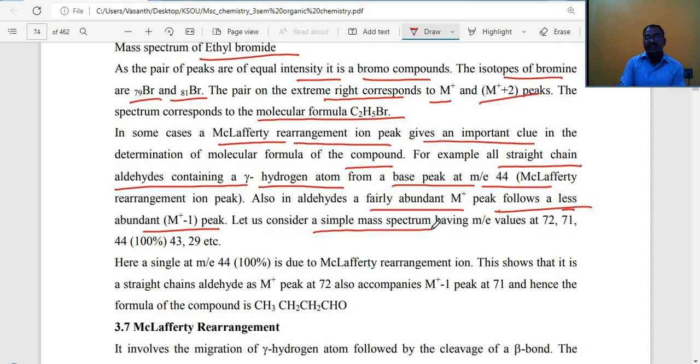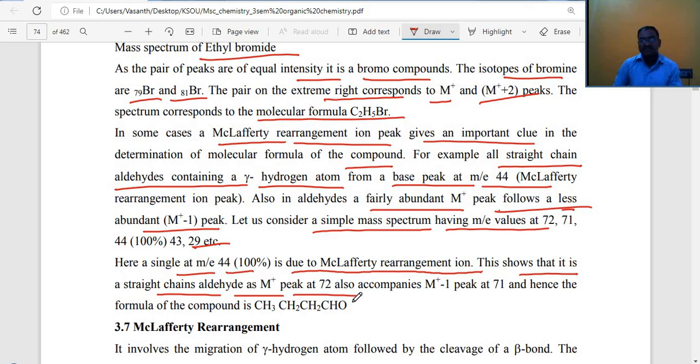Let us consider a simple mass spectrum having M/E values at 72, 71, 44, 43, 29, etc. Here, the single peak at M/E 44 is due to the McLafferty rearrangement ion. This shows that it is a straight chain aldehyde, as the M+ peak at 72 is also accompanied by an M+-1 peak at 71.